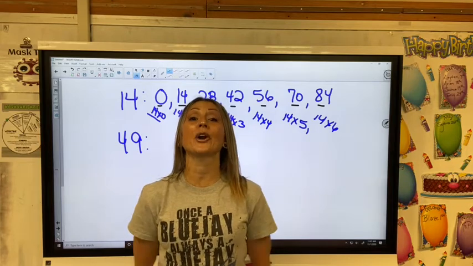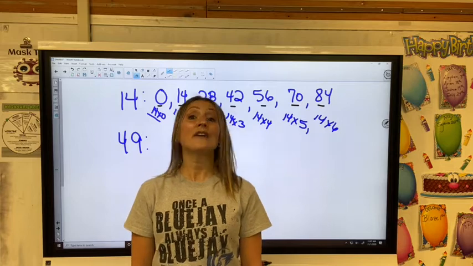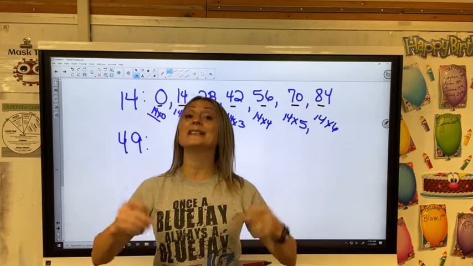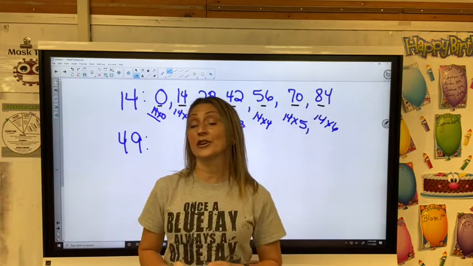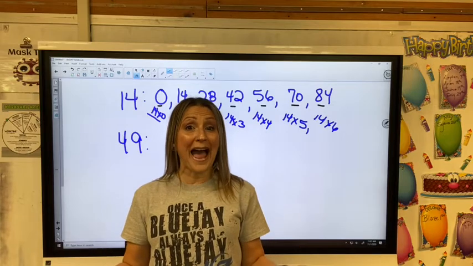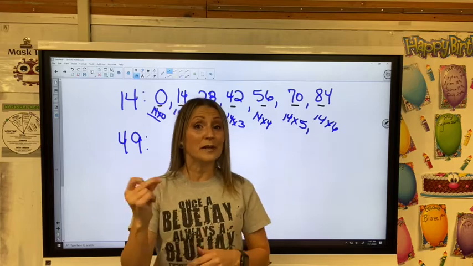It's the same with your 5, 10, 15, 20, 25, 30, 35, 40. Every time it's repeated addition where you're adding on 5 each time. But really, sixth graders, your multiples are the answers to your multiplication facts. 5 times 1 is 5. 5 times 2 is 10. 5 times 3 is 15.